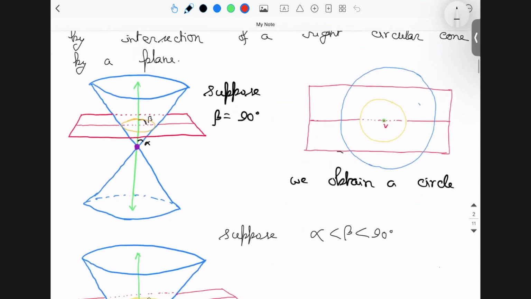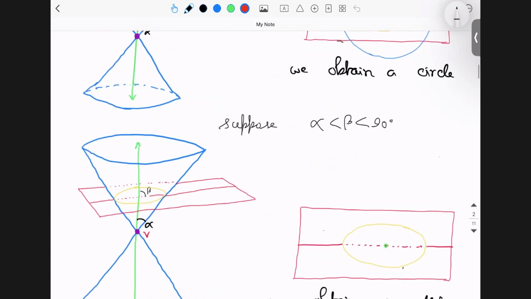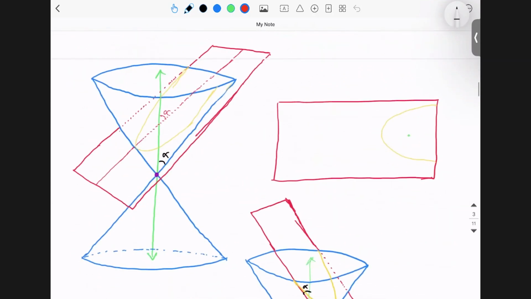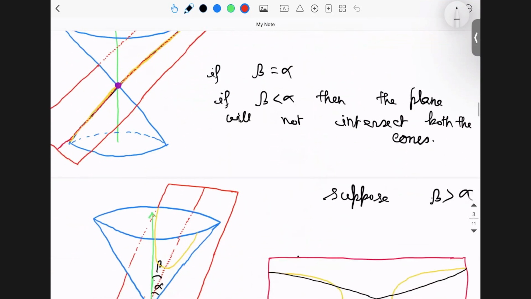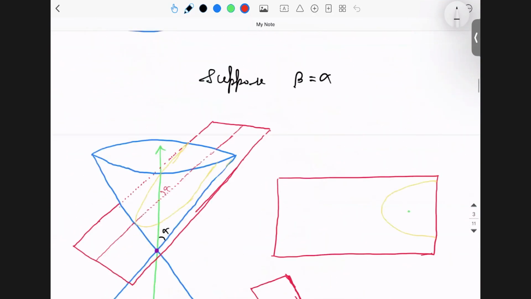First we discussed where we get a circle. After that we went to the case where we get an ellipse, and after that the case where we get a parabola. And then we discussed the hyperbola case, with some degenerate cases, in the last class.